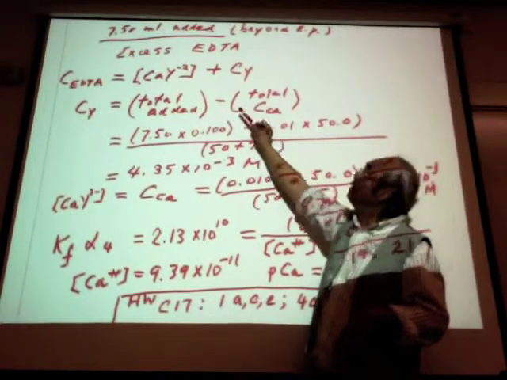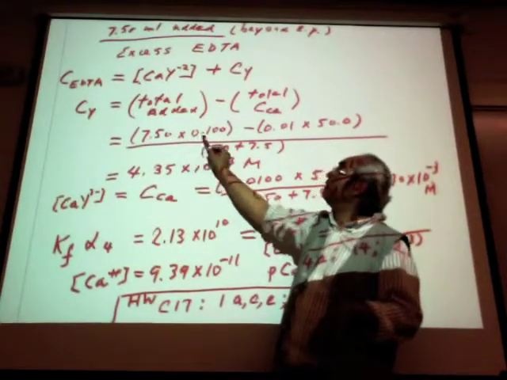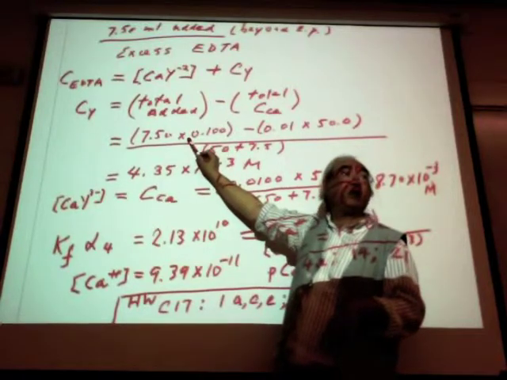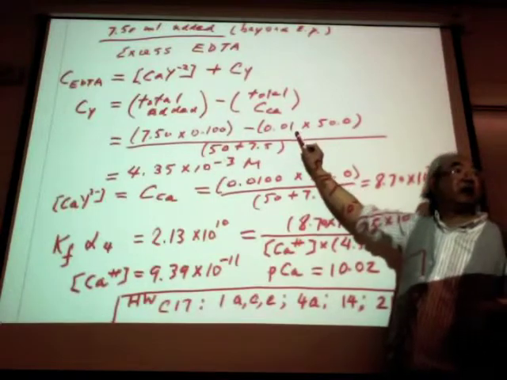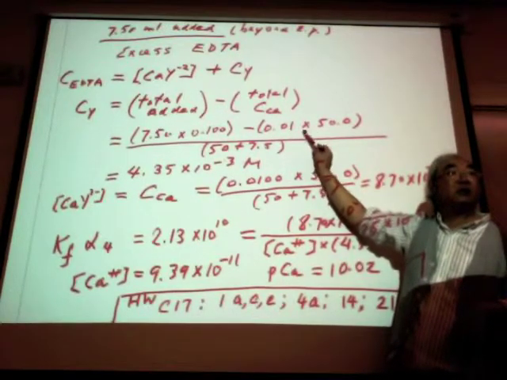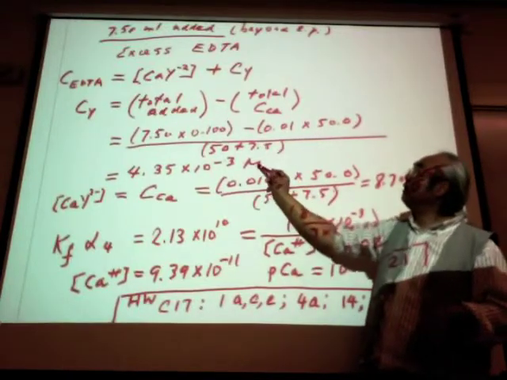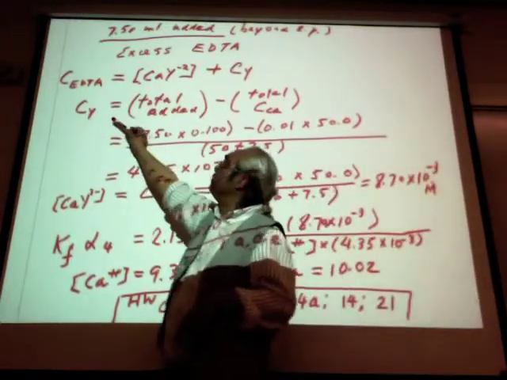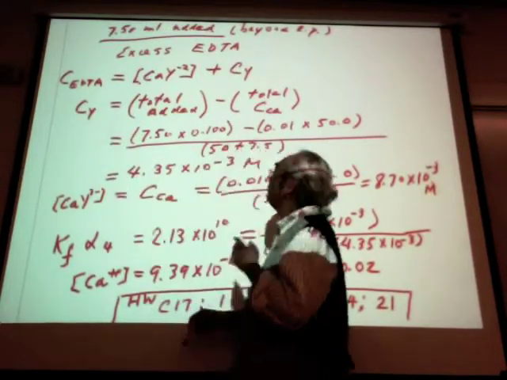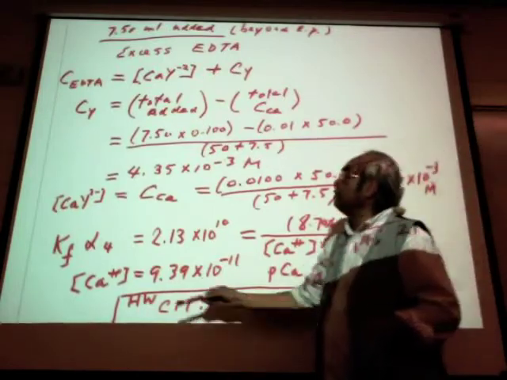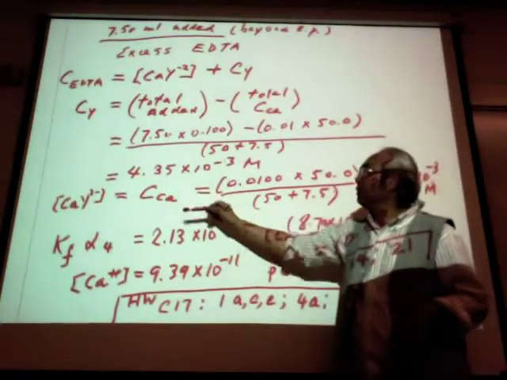So as you can envision, 7.5 mL EDTA all added in, subtract the limiting amount of calcium to form the complex. The difference between the two is the quantity that is left behind for all the EDTA species. So the complex is like that, simply based on the limiting agent.